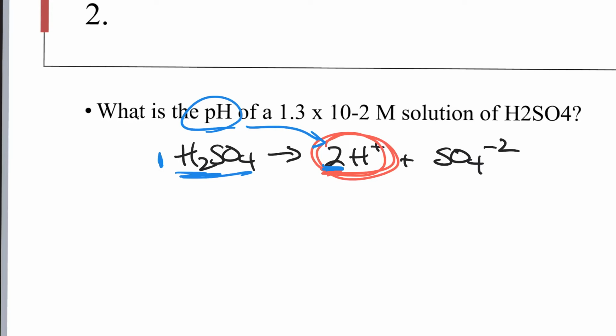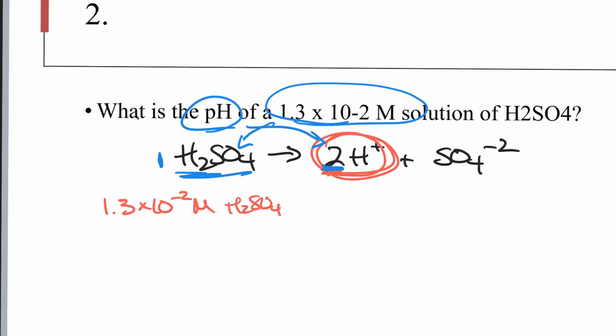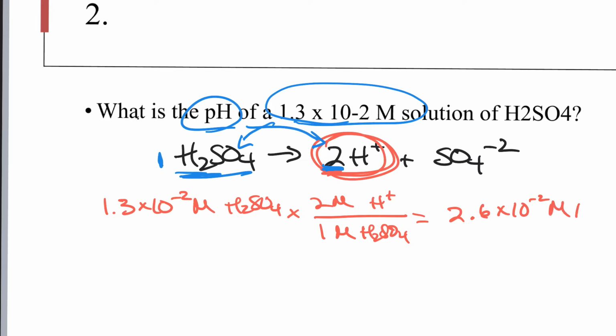And so what that simply means is that since this is the concentration of H2SO4, and for every one H2SO4 we make 2 H pluses, if we do the stoichiometry, the conversion, we see that for every 1.3 times 10 to the negative 2 molar of H2SO4, we know that for every 1 molar of H2SO4, there are 2 molar of H plus. And so then you get 2.6 times 10 to the negative 2 molar of H plus.